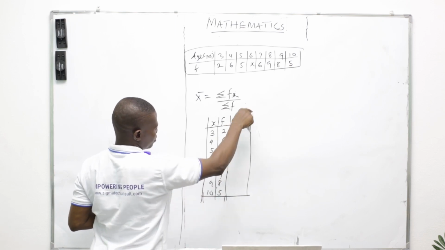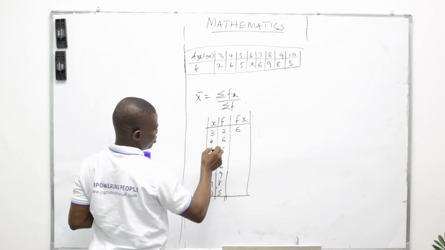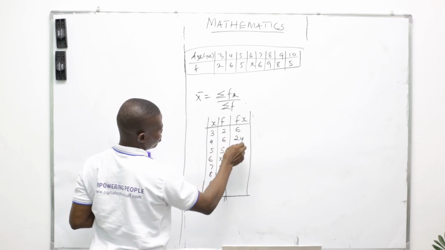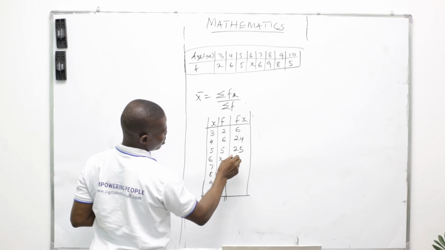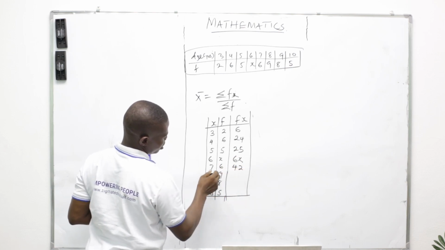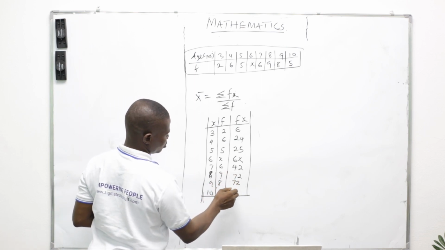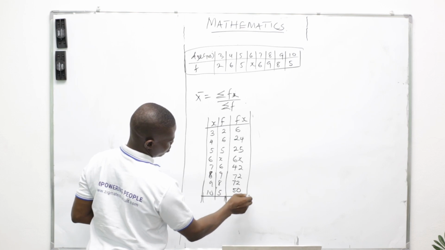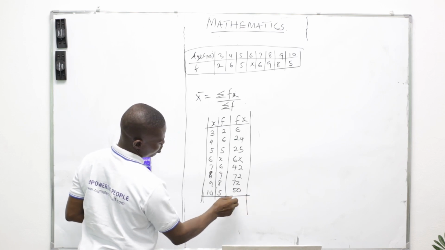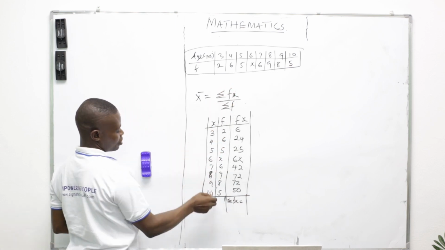That's the meaning of fx. Frequency multiplied by the age. 4 times 6, 24. This is 25. 6 times x is 6x. This is 42. 8 times 9 is 72. 72, this is 50.